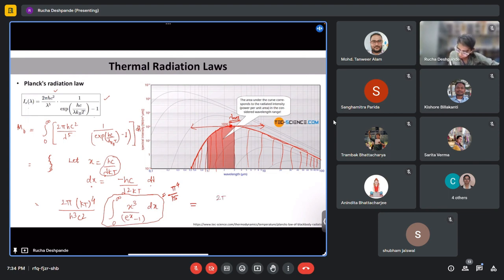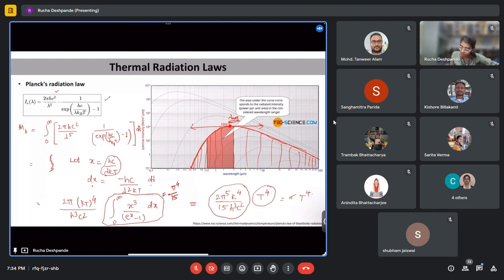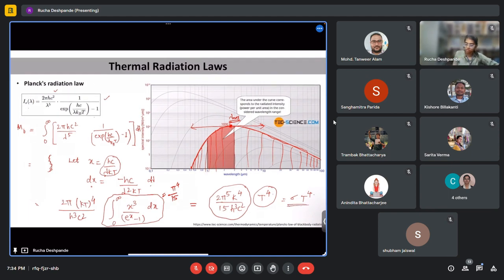So here we will get k to the power 4 upon 15 h cube c square and then T to the power 4. Here we have the fourth power of the temperature and all of these are constants, so if we input the values of all the constants it will be equal to the Boltzmann constant times T to the power 4. So from Planck's radiation law we can derive the equation for Stefan Boltzmann law.